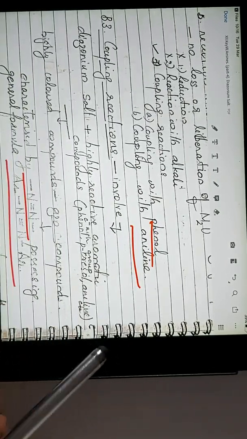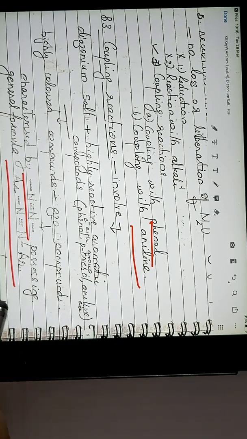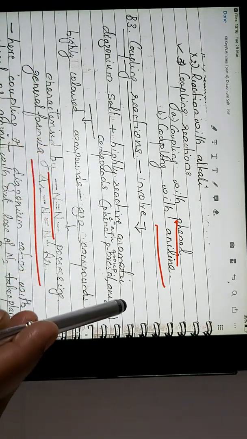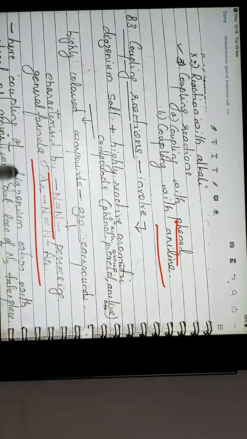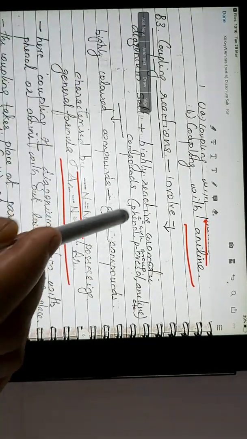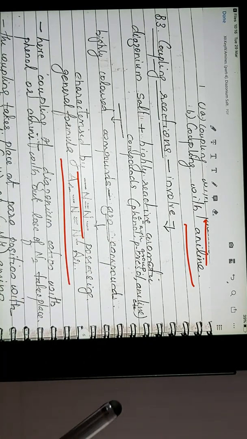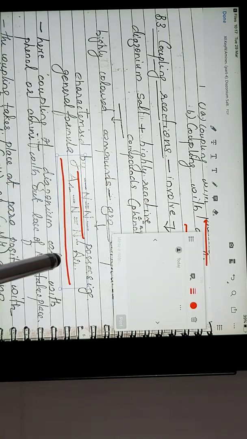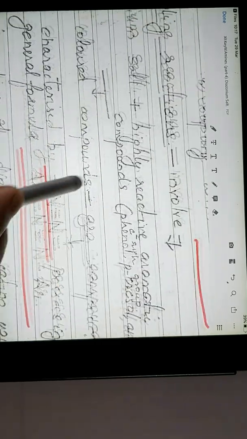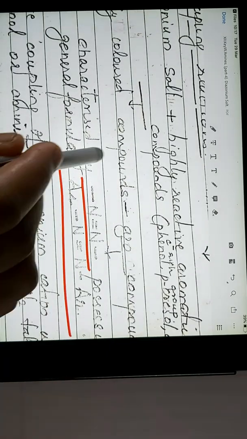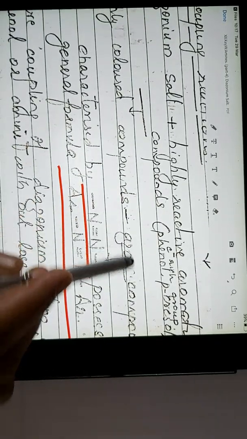So before going with the details of the coupling reaction, we will try to understand what this coupling reaction is. You can see the diazonium salt is treated with highly reactive aromatic compounds like phenol, aniline, etc. Here there is a benzene ring, and for phenol or aniline there is again another benzene ring. The two benzene rings come together and join through a nitrogen-nitrogen double bond. This functional part, we name it as an azo compound.